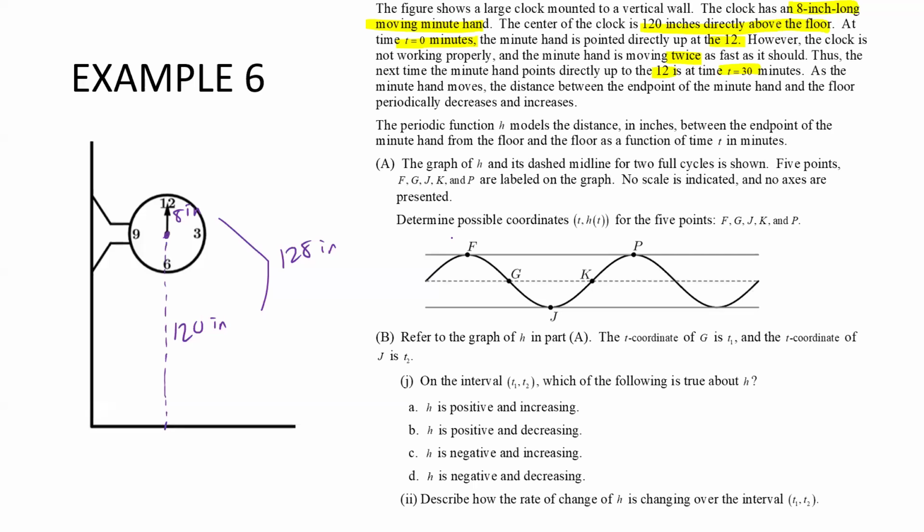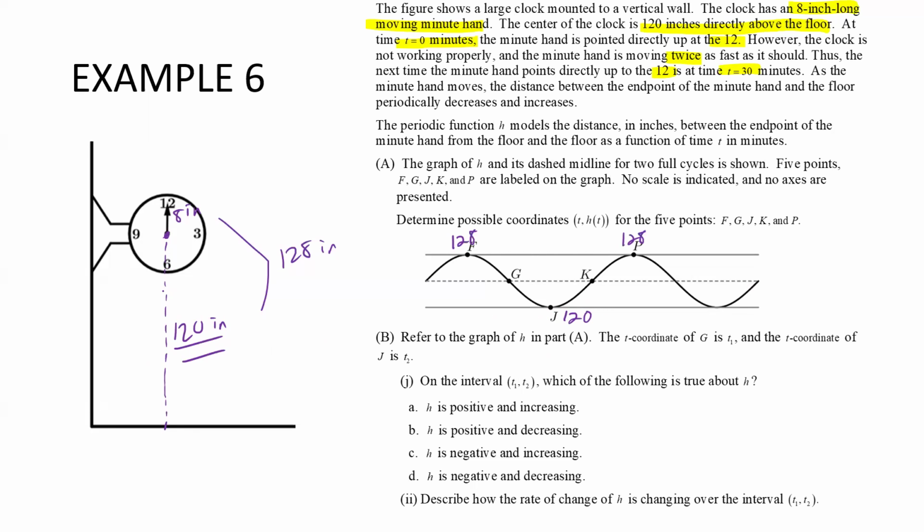Does that make sense? So looking at this graph and analyzing the time, our highest 2 points, F and P, have to be at 128. With that in mind, what would be our lowest? 120. So J would be 120.